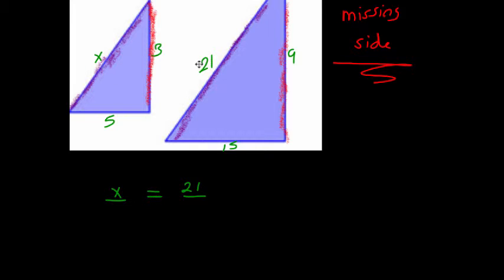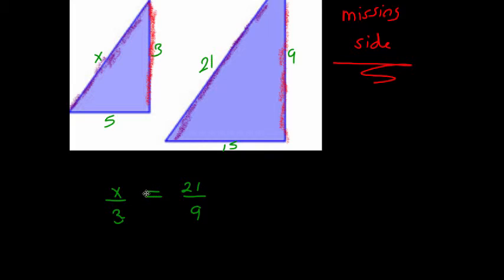So the x and the 21 need to go across from each other. Alright, the other side that I picked, which was 3 and 9, I'm going to put 3. Oops, let's fix that real quick. Alright, I'm going to put 3 as my denominator and 9 as my second denominator. Okay, does that make sense so far?